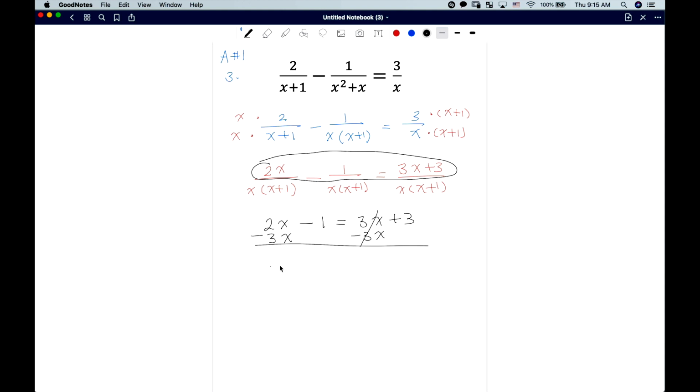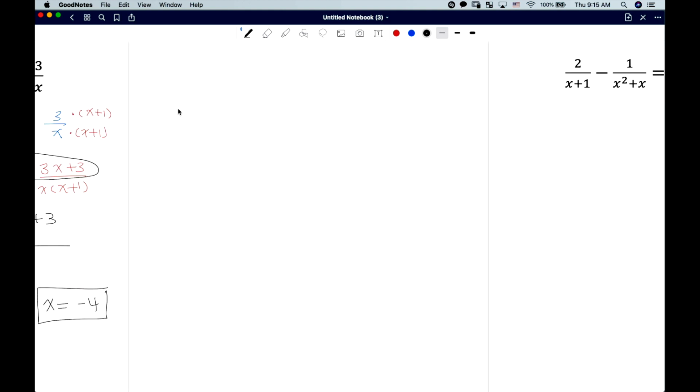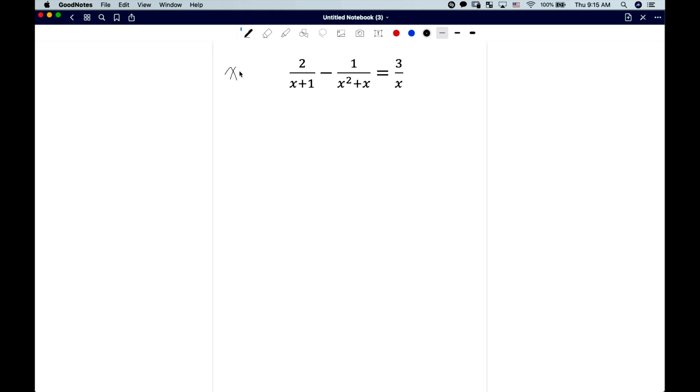2x minus 3x is -1x. I'm going to add the 1 over. Divide by -1 to cancel out the negative. So x is equal to -4. I'm going to check my work. It was x equals -4. All right.